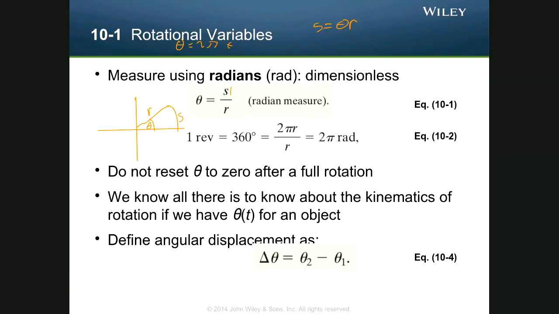For a single revolution. All right, so in that case, S for one revolution will be equal to 2 pi r, which you'll notice is your circumference. So the arc length of a revolution is the circumference, and will be equal to 2 pi times r.